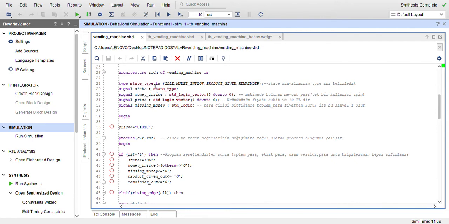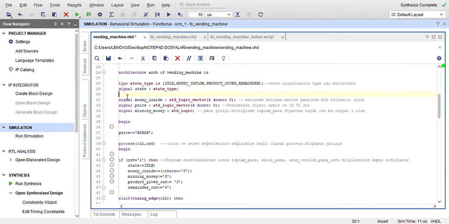I gave state type. Here we write all our states: idle state, money inflow state, product given state, and reminder state. Then we write our state signal. Its type is state type.